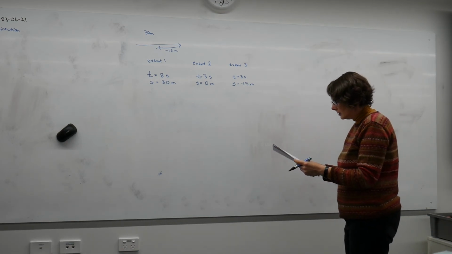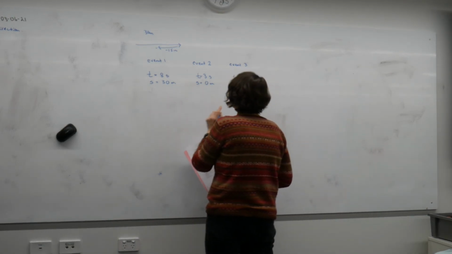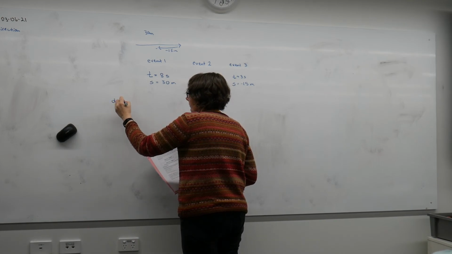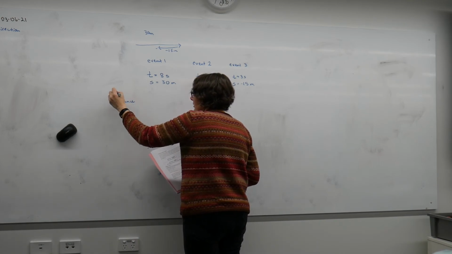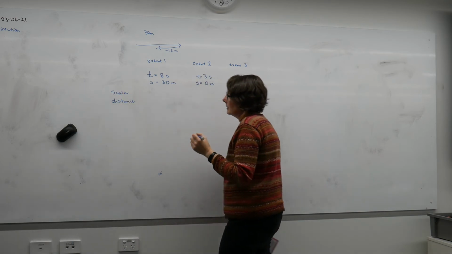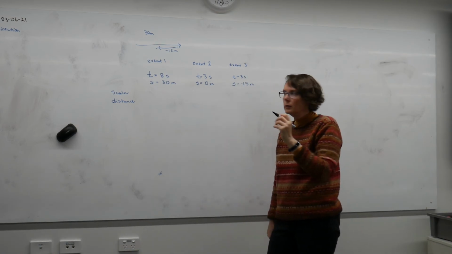Now we're asked, if we use all this information to find out her distance, remember it's scalar, and so we just want the absolute value.